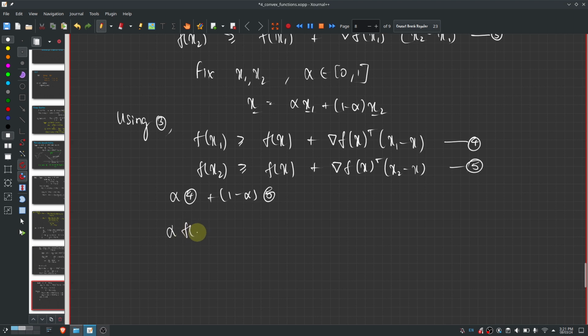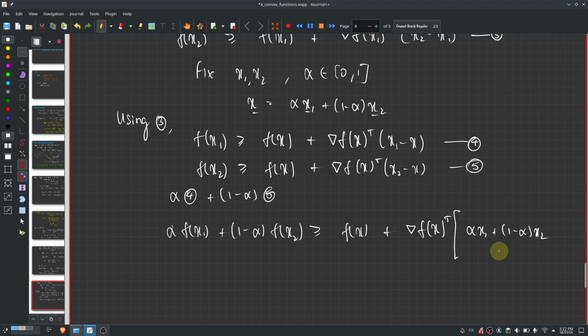So I get alpha times f of x1 plus 1 minus alpha times f of x2 greater than or equal to alpha f of x plus 1 minus alpha f of x, that's just f of x, plus gradient f of x transpose times alpha x1 plus 1 minus alpha x2 minus alpha x plus 1 minus alpha x, which is just x.